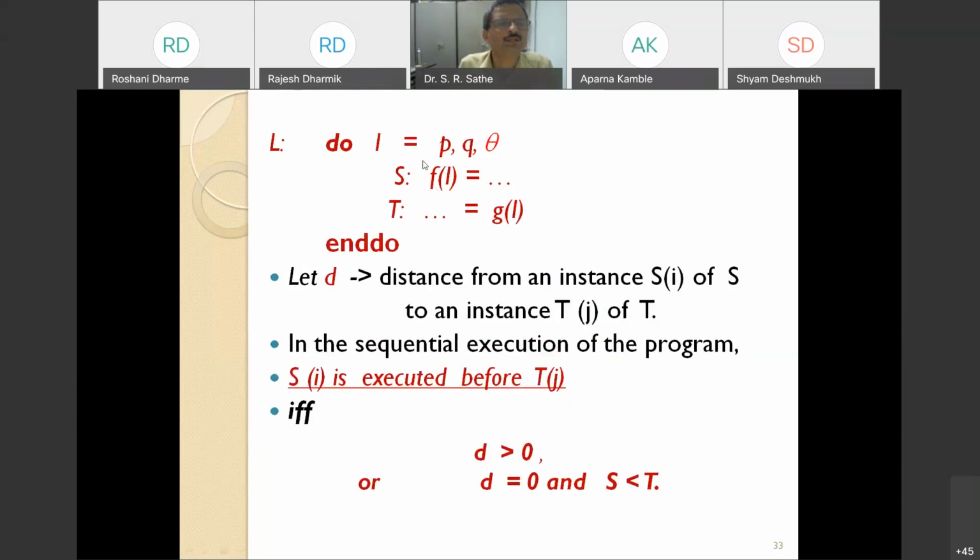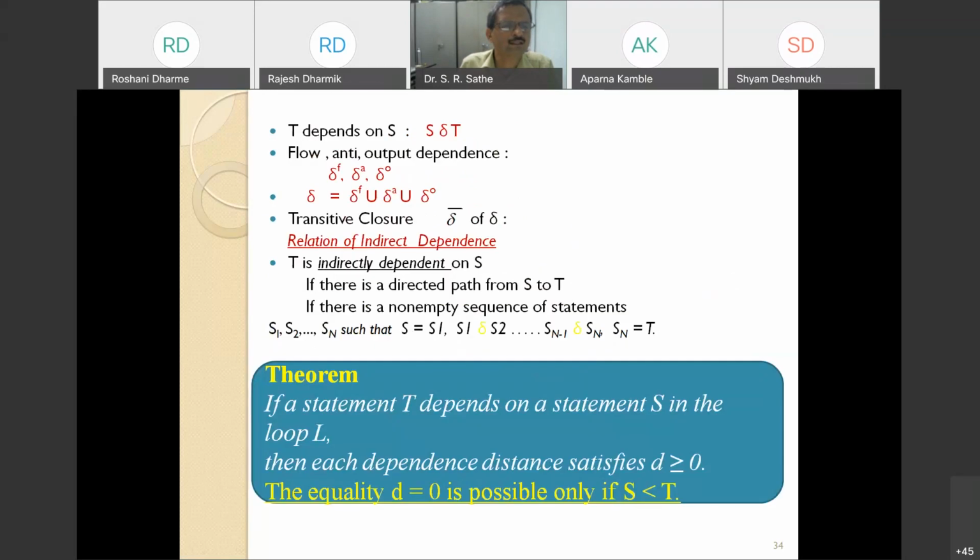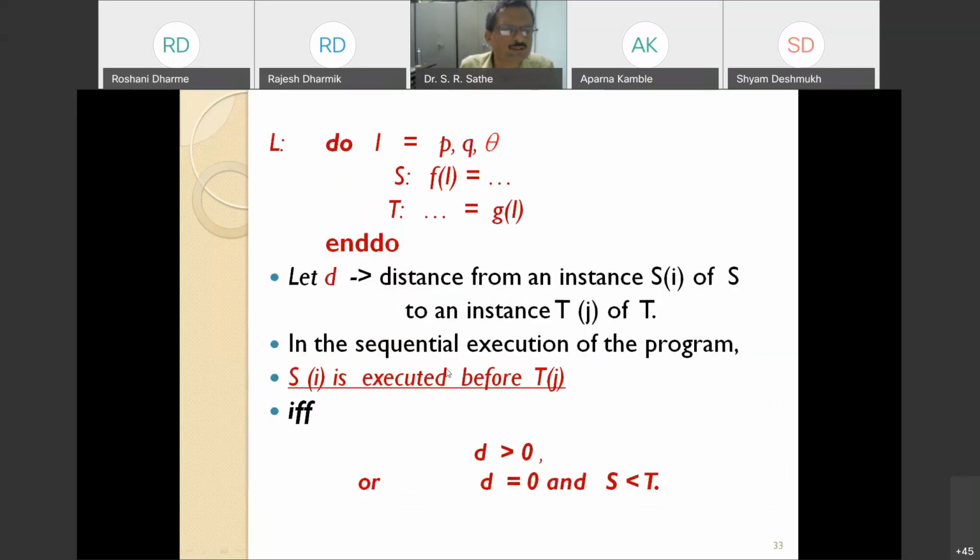So next, we have a for loop. I'll just go quickly over this because it is slightly repetition. SI is executed before Tj if the distance vector is greater than 0, or the distance vector is 0 and S comes before T in the physical ordering of the statements in the actual program.